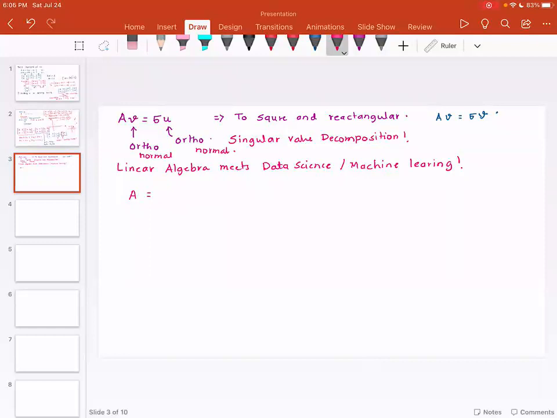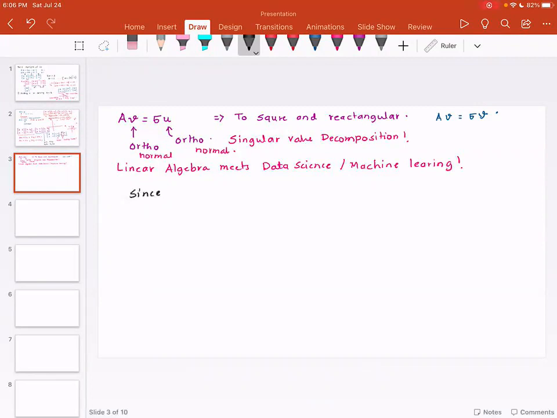Which means each vector of this matrix V and U, so these two vectors, they have the modulus 1 and they are perpendicular to each other.